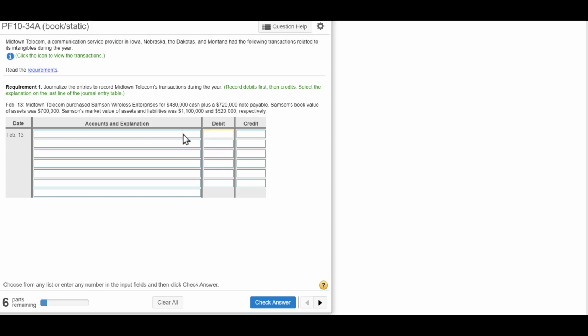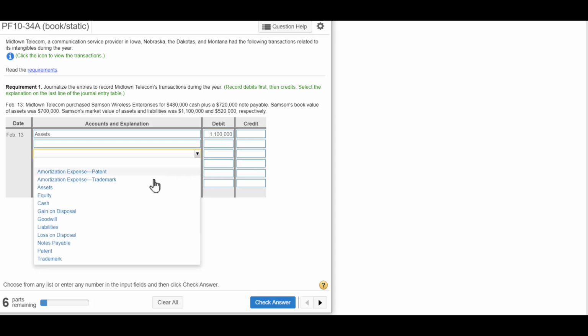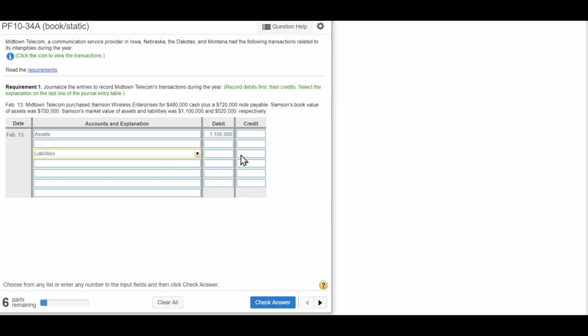So the market value of the assets that we acquired is worth $1,100,000. We also received some liabilities. Now I'm going to skip a line, and we'll see in just a minute why. Our liabilities that we inherited in this acquisition are $520,000.